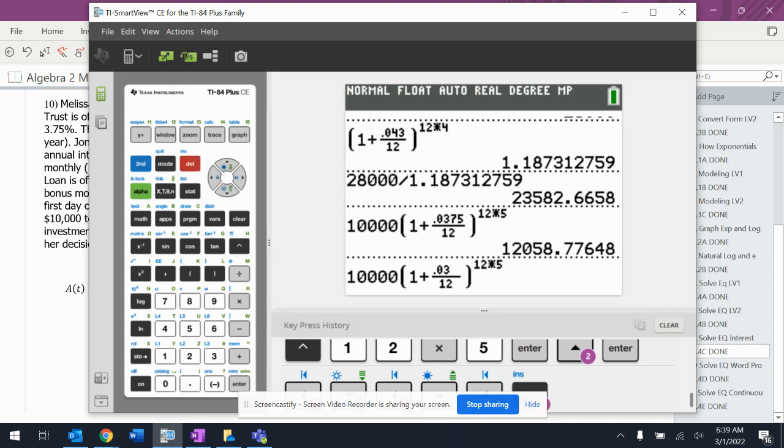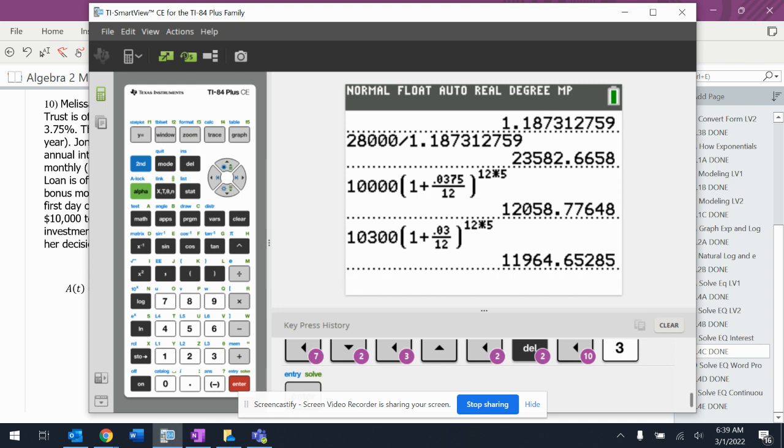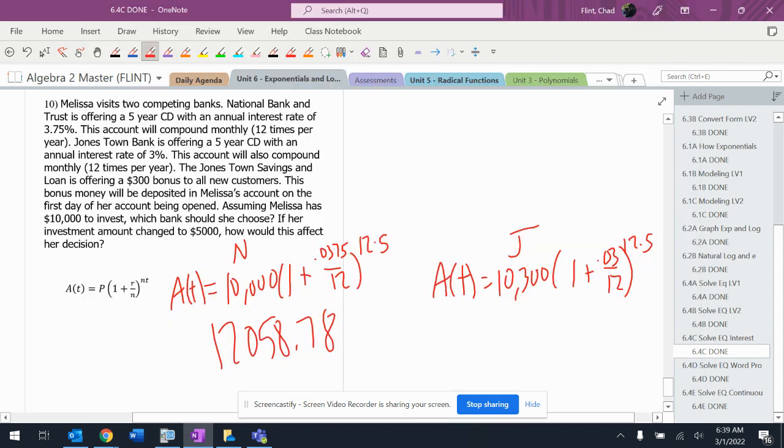So we're getting just 0.03, but we're getting $10,300. All right, we're getting 11,964.65. So which should she choose with 10,000? She should choose the National Bank.